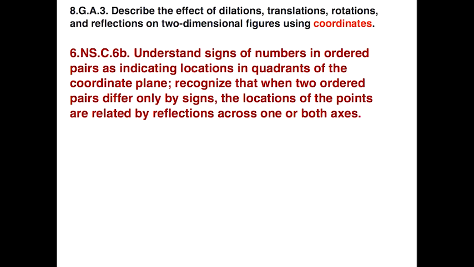Connected to that is standard 6.NS.C.6b, which talks about understanding the signs of numbers in ordered pairs. What's especially important is the latter part of this standard, recognizing that when two ordered pairs differ only by their signs, the locations of the points are related by reflections across either one or both axes.